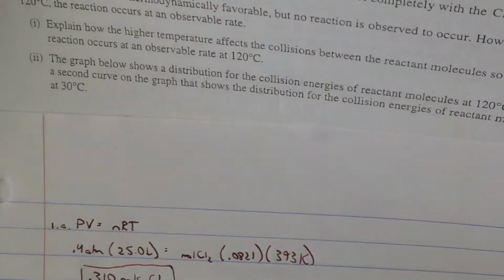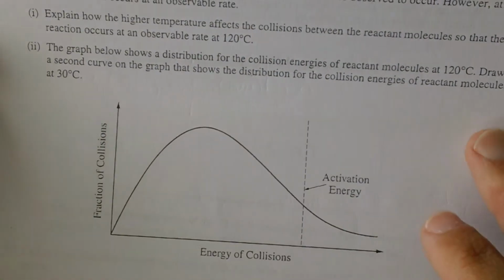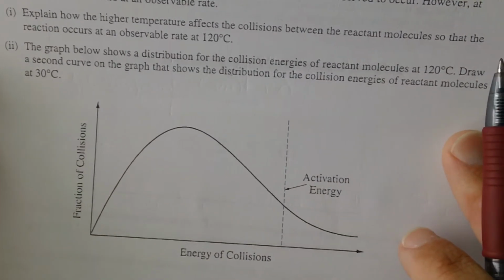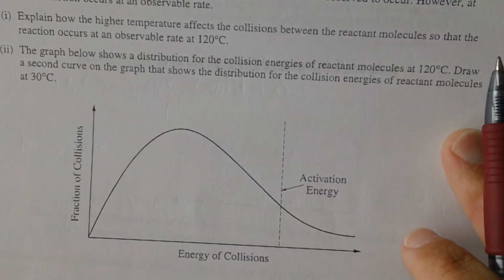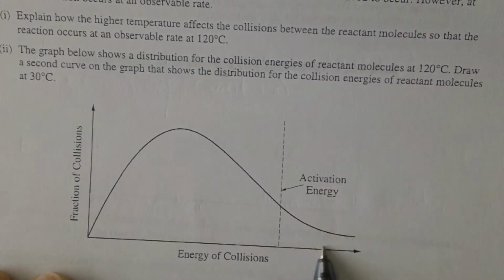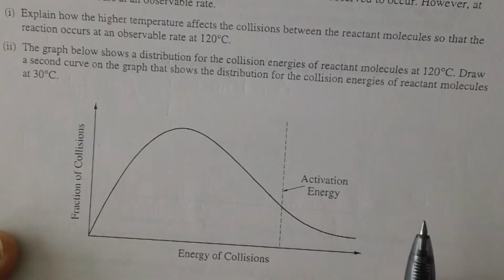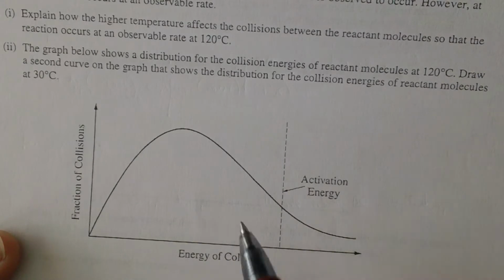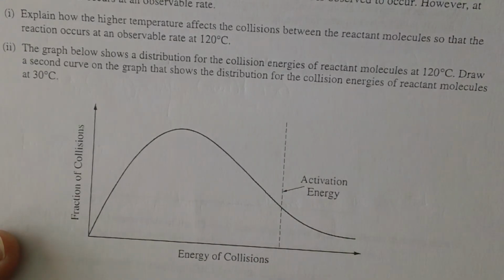Then part 2 here on B says the graph below gives us a distribution for the collision energies of the reactant molecules at 120. Draw a second curve on the graph that would show what the distribution looks like for collisions at 30 degrees Celsius. So right now we have all these collisions that are effective collisions. They reach the activated complex. So we need to show the same number of particles, except fewer of them reaching the activated complex.